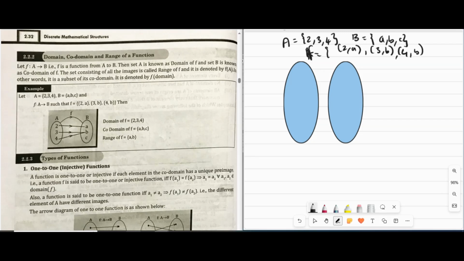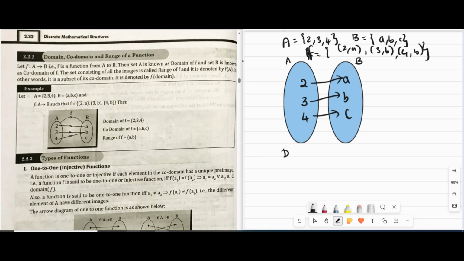So how will it be mapped? In A we have 2, 3 and 4. In B we have a, b and c. So 2 is mapped to a, 3 is mapped to b, and 4 is mapped to b.